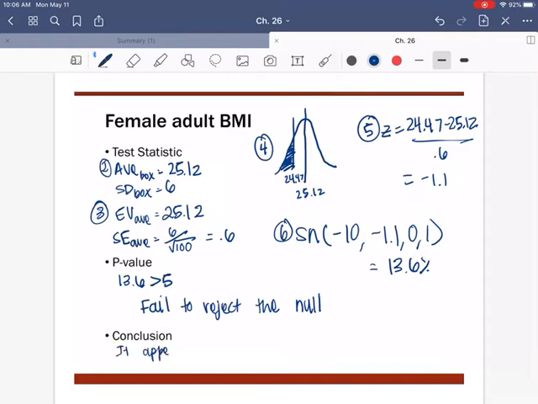Or, in other words, we're accepting the null. We just don't typically say the word accept.